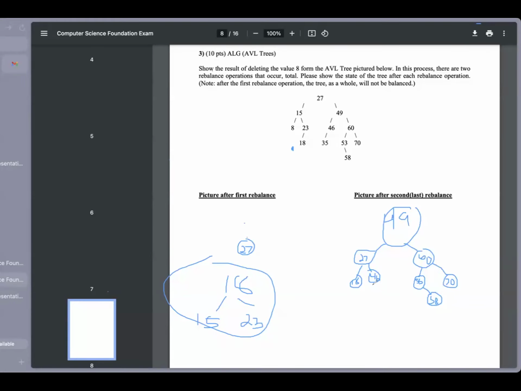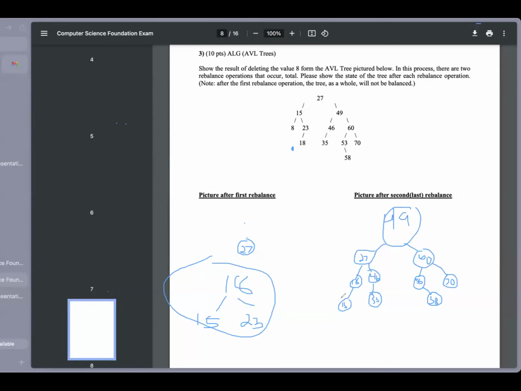46 will go here. This will be 35. 27, 23. 18 is gonna have 15 and 23.